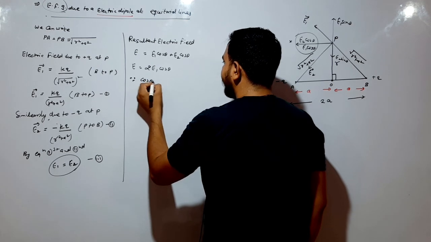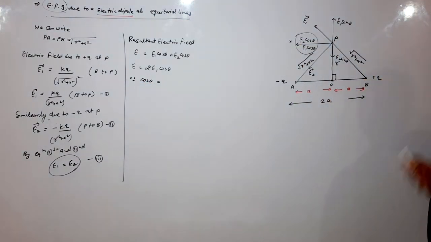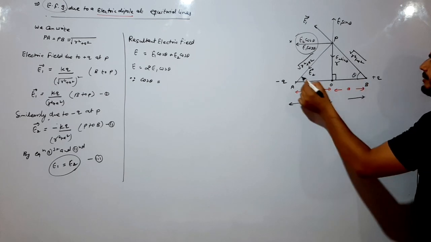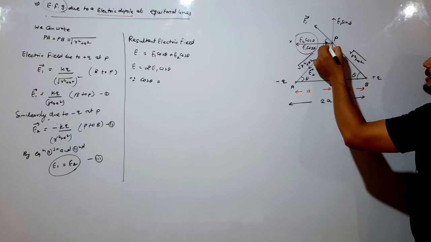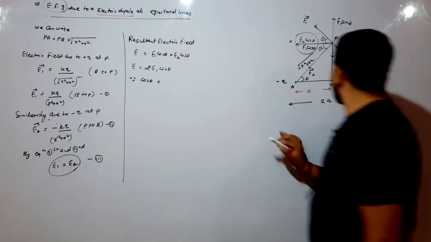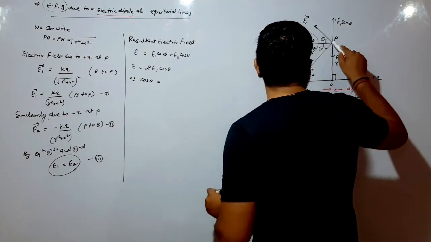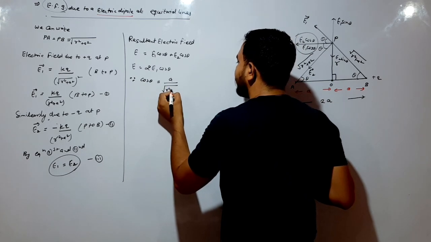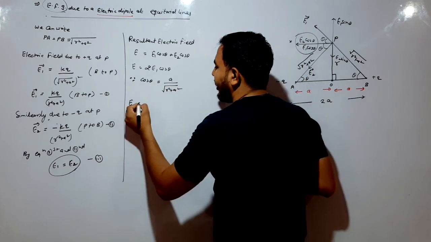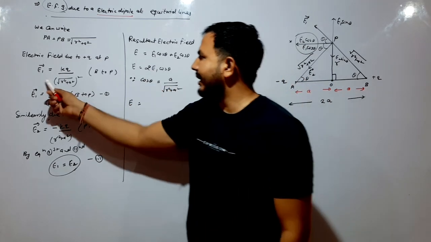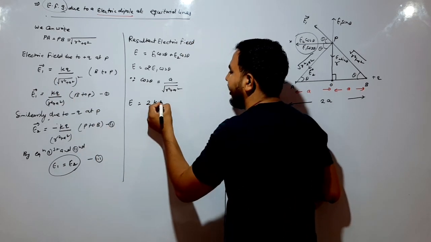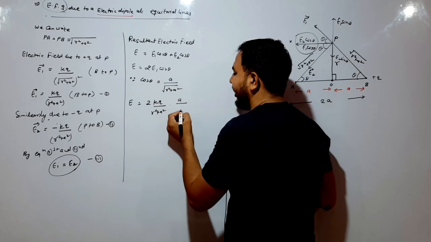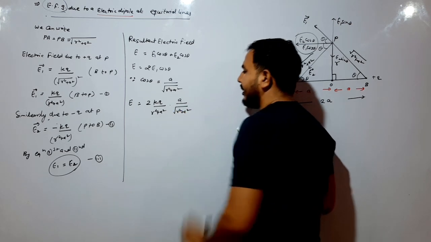According to the diagram, take the triangle POB, POA. This is theta, this is theta. Cos theta in the triangle POB is a upon under root r square plus a square. E is equal to the magnitude of E1 vector is equal to kq upon r square plus a square into a upon under root r square plus a square.